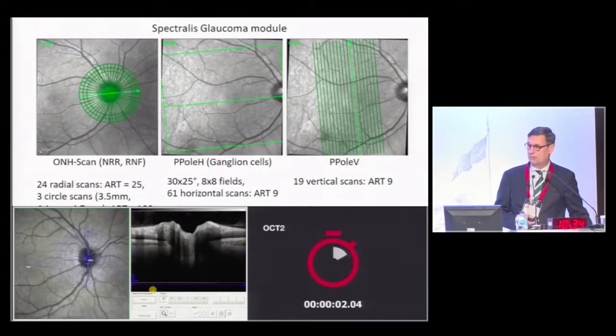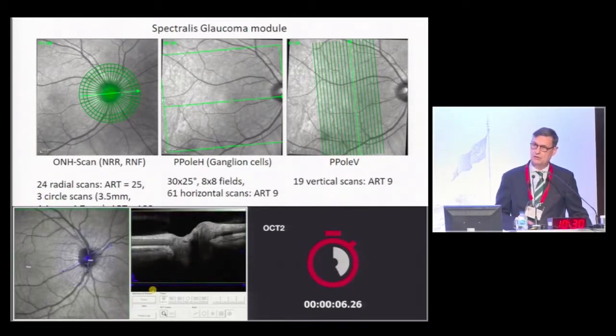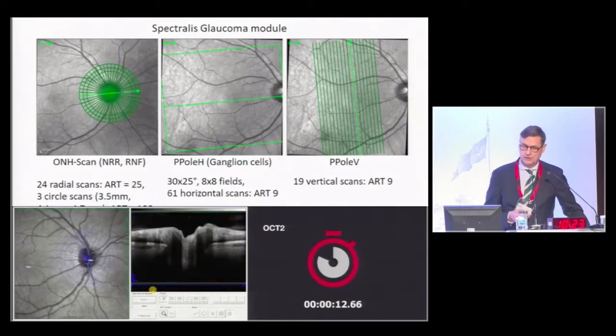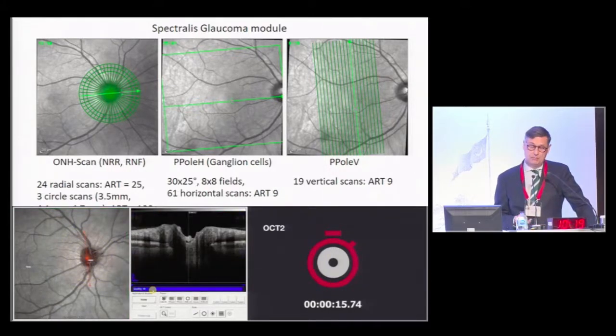So, because of the very high quality of the images, I would like to continue with the Spectralis glaucoma module, because in this module we have all the options to diagnose and to follow up glaucoma. We can measure the neuroretinal rim with BMO-MRW. We can measure the peripapillary retinal nerve fiber thickness, and in the center image you see where the ganglion cells can be imaged in a cube imaging with the OCT.